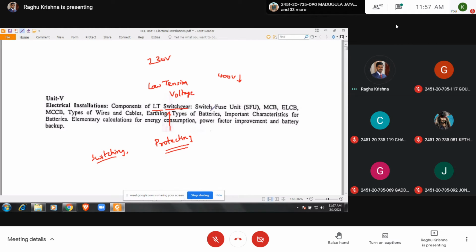Next, switch fuse unit and MCB. So what is the difference between the fuse and the MCB? Fuse means when an overcurrent occurs, the fuse will melt.